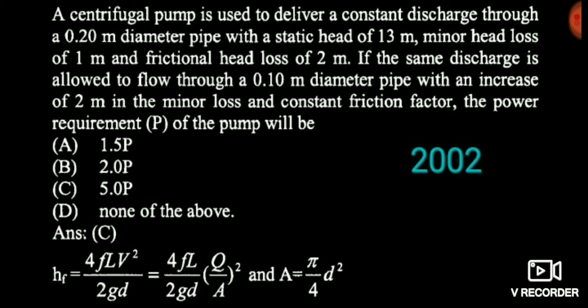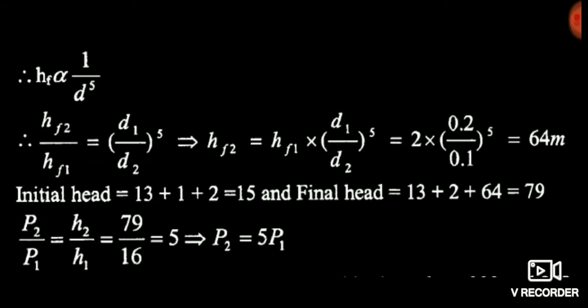That is the logic. ये सिंपल सा लॉजिक है, इंपॉर्टेंट लॉजिक है. बहुत सारे स्टूडेंट्स ये सोच सकते हैं कि यहाँ पे why not we are writing 4 FLV square by 2GD we have written, so why not we are writing H is inversely proportional to D? Why we have to convert it into Q square by A square form, and then after we are going to H is inversely proportional to D to the power 5? Why we are going to this form?